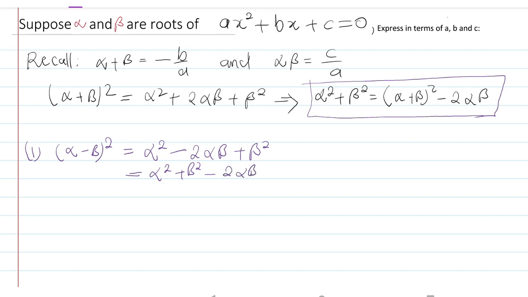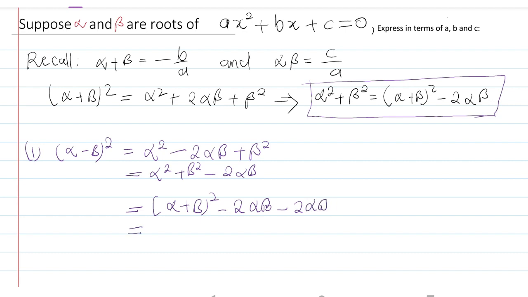Now we know what alpha squared plus beta squared is here, which is just alpha plus beta squared minus twice alpha beta, and then there is also minus here twice alpha beta.